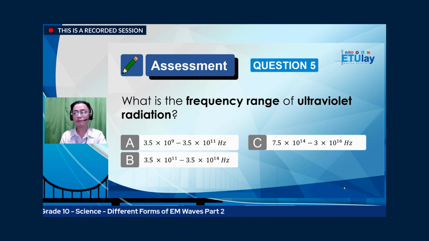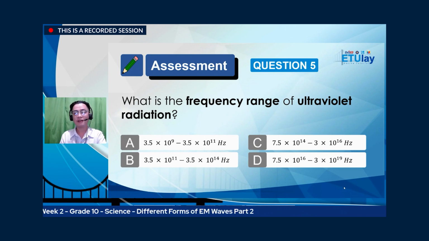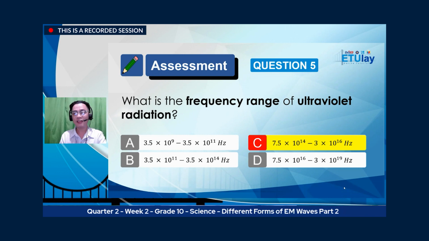C. 7.5 times 10 to the 14 up to 3 times 10 to the 16 Hz. Or D. 7.5 times 10 to the 16 up to 3 times 10 to the 19 Hz. 5, 4, 3, 2, and 1. If your answer is letter C, 7.5 times 10 to the 14 up to 3 times 10 to the 16 Hz, then you are mahusay.